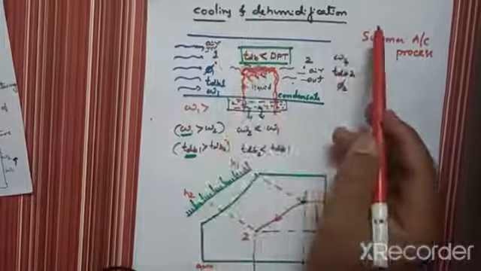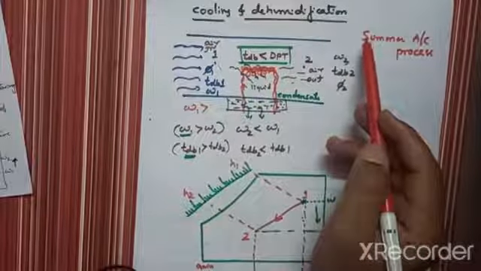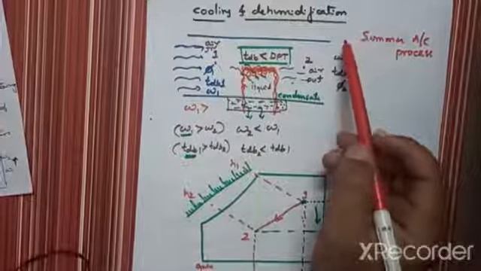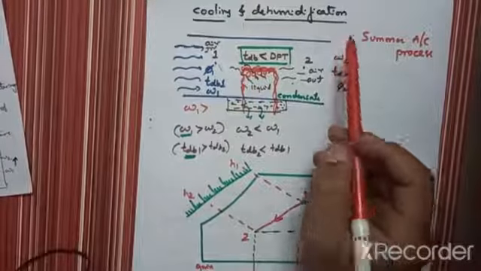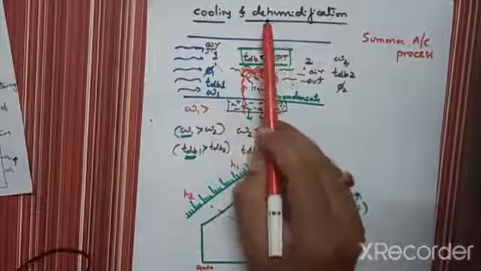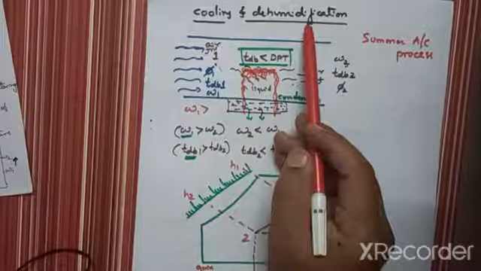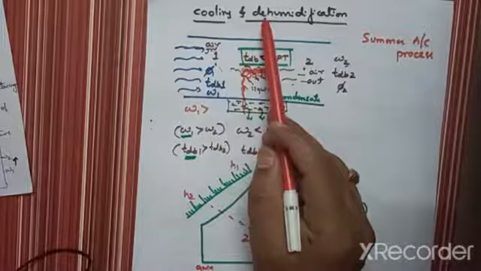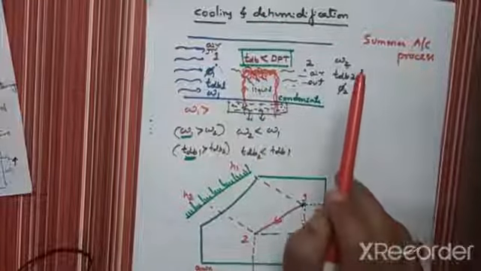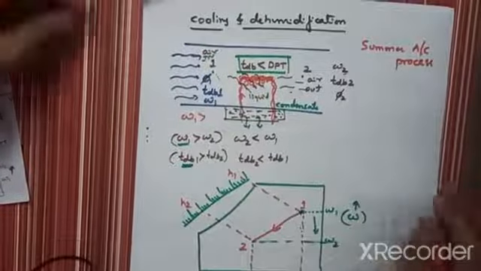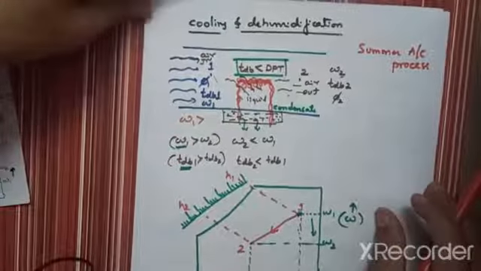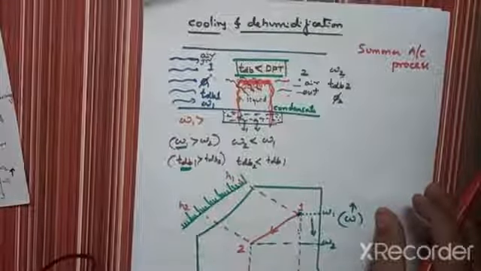And in the summer season, moisture content in the air will be more, that is water vapor content will be more. So we need to remove the water content, so that is dehumidification we have to do. So cooling and dehumidification is necessary in the summer air conditioning process. So this is the concept of the cooling and dehumidification process.